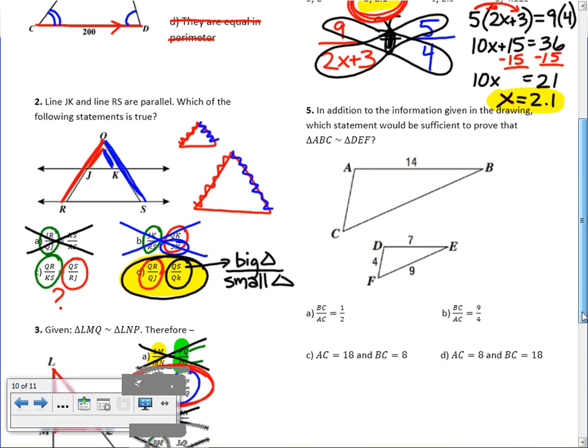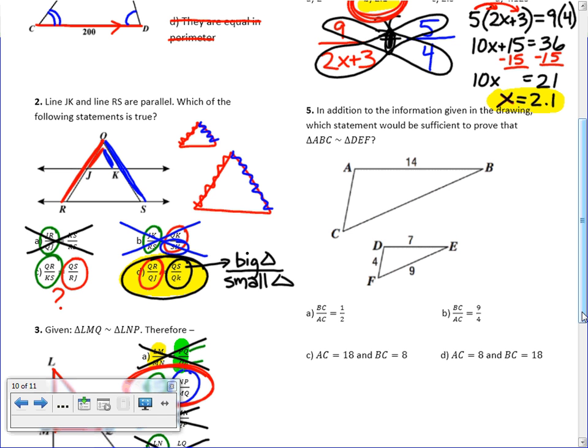Number 5. In addition to the information given in the drawing, which statement would be sufficient to prove that ABC is similar to DEF? Wow.